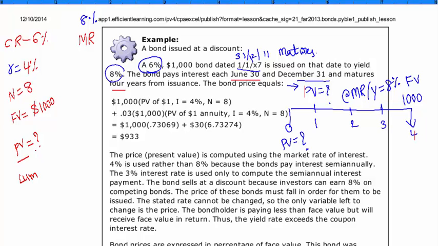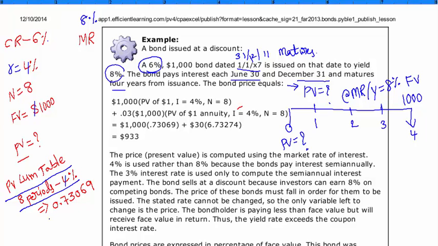Take the table value and discount the $1000. Go and check the table value. The present value lump sum table, 8 periods, 4% is 0.73069. Let me show you the table.